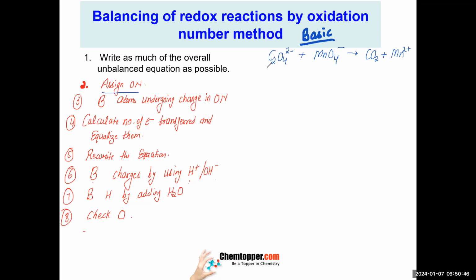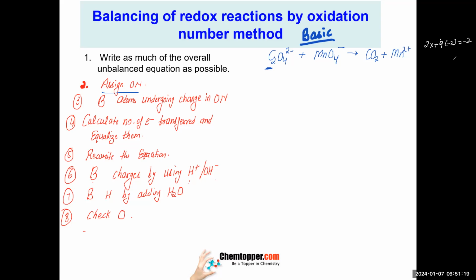So what's the oxidation number of carbon here? You can assume it as X. 2X, there are two carbons, plus 4 times minus 2 is minus 2.